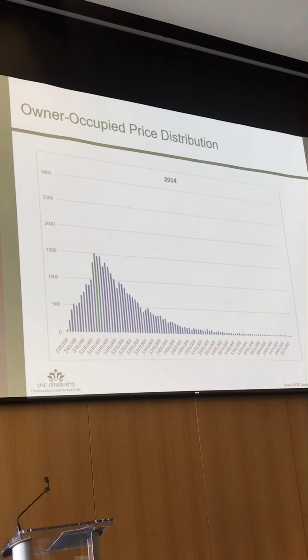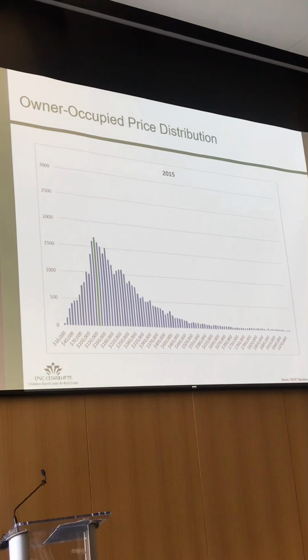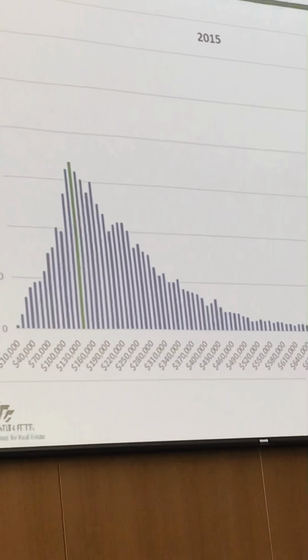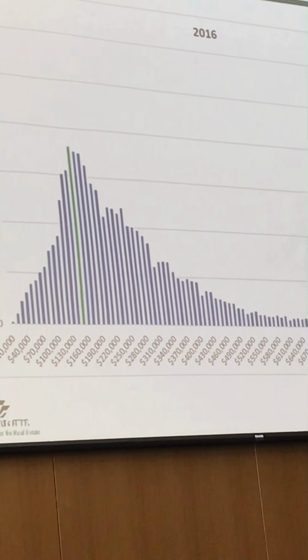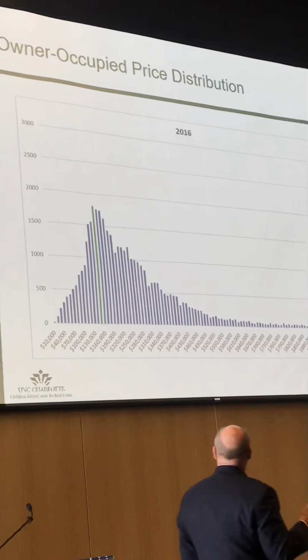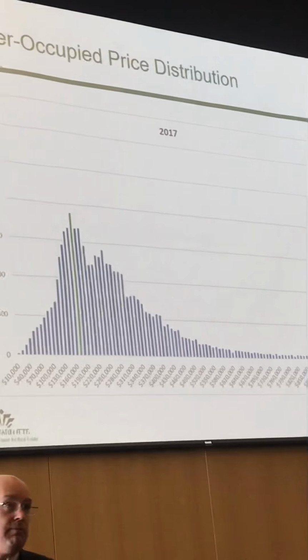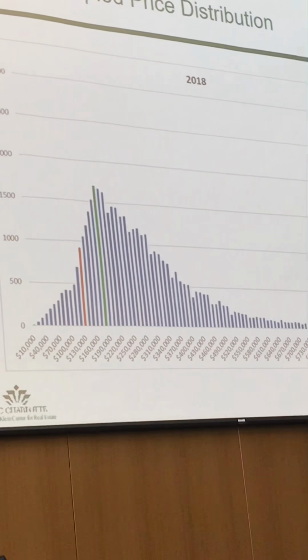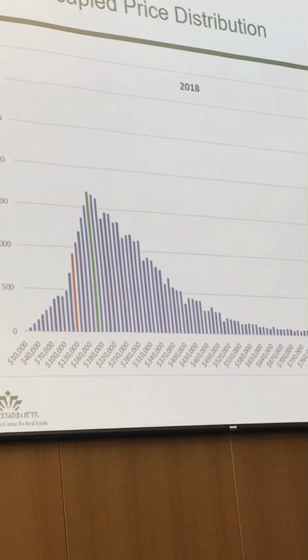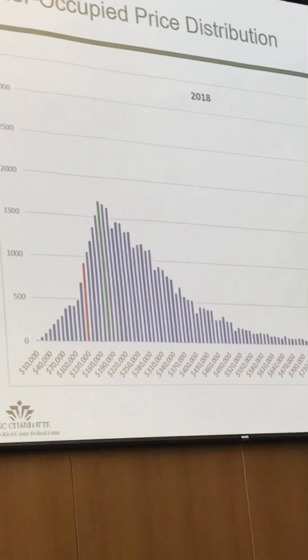Now watch. 2015, shift to the right for the first time. 2016. 2017. And finally, 2018. Now, I drew a red line at 130,000.